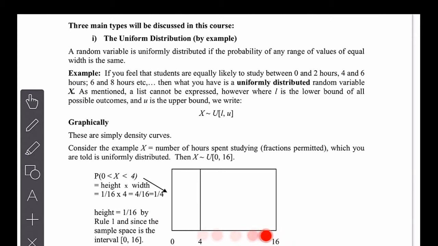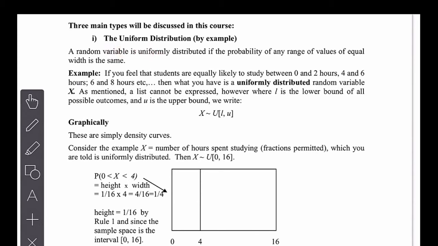It's all the possibilities in between here. So you could have fractions or decimal values in between the limits of 0 and 16 in this special distribution. This distribution is continuous. Okay?